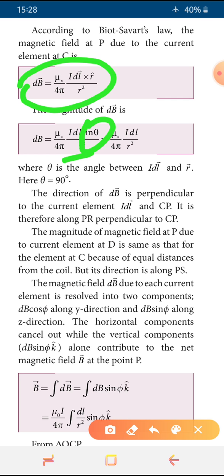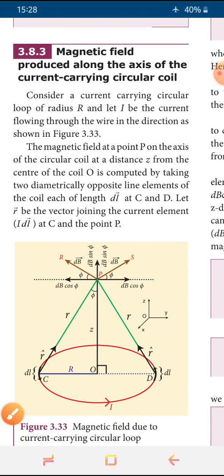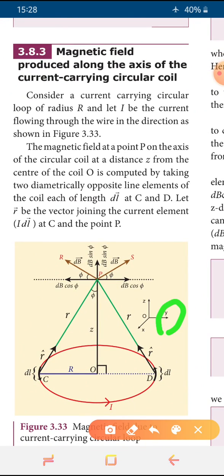Now the magnitude of the magnetic field at P is the same as the things we discussed. At P, due to C and due to D, which components are the same? dB cos phi, but in opposite directions, so it cancelled. Then what do we keep? We keep only sin phi. Here you see figure 3.33. dB cos phi is acting along the y axis and dB sin phi is acting along the z axis.